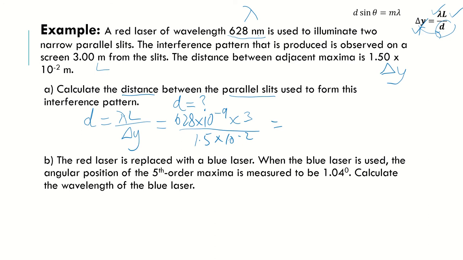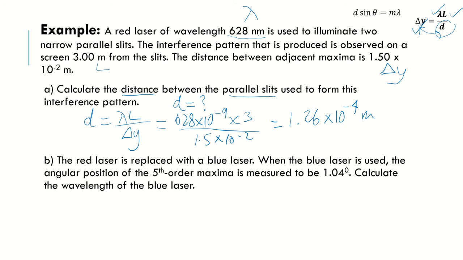And if we type that into our calculator, how many sig figs do we have? 3 again. 1.26 to 3 sig figs times 10 to the minus 4 meters. So very, very small. So less than a millimeter, 0.126 of a millimeter. Very small separation between the double slits for these interference patterns.